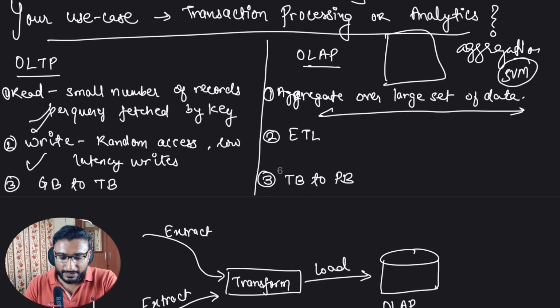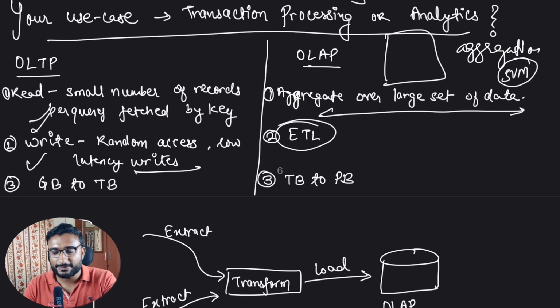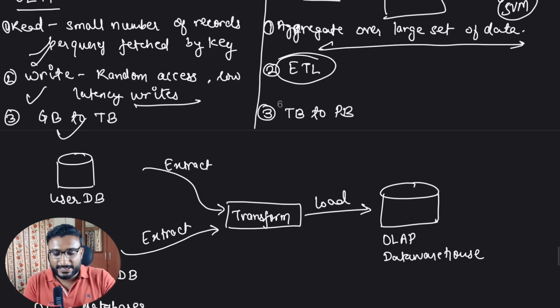What about writes? In OLTP, the writes can be random access, low latency writes. In OLAP it is ETL. We will discuss ETL: extract, transform, load. We extract data from somewhere, then transform this data, and then load this data into our analytics database. The data size can be GB to TB for OLTP, and TB to PB for OLAP, because we are doing some kind of analysis on historical data.